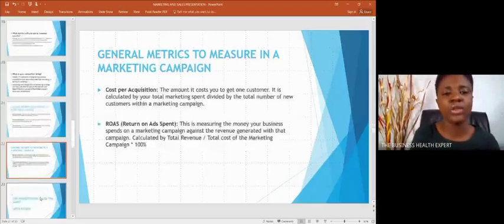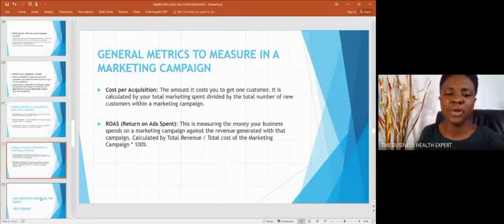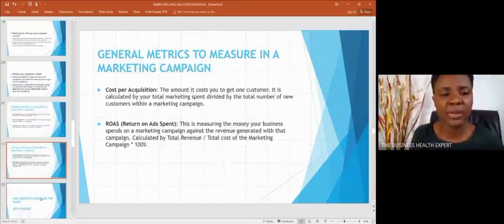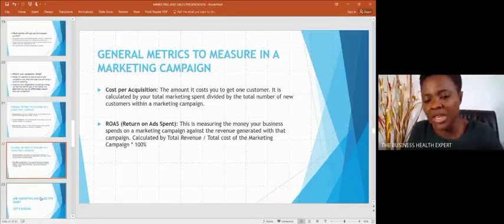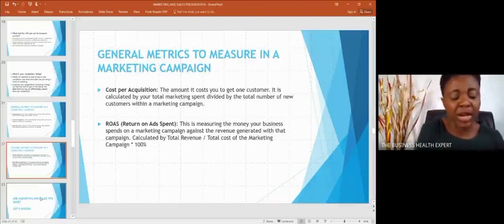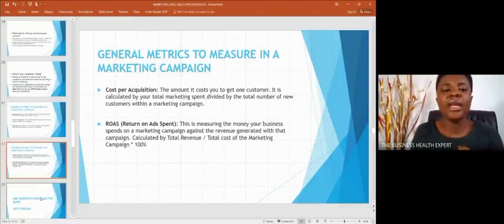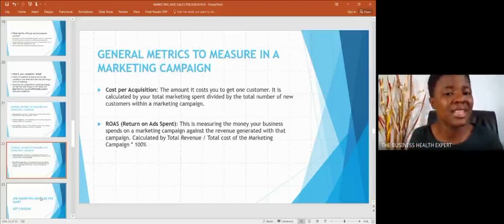Another thing to consider is the cost per acquisition. The amount it costs you to get one customer. It's usually calculated by the total marketing expense divided by the total number of new customers within a campaign. If, for example, you run a campaign between the 1st of February to the end of February, and let's say you spend 10,000 naira. I'm just using that as an illustration.